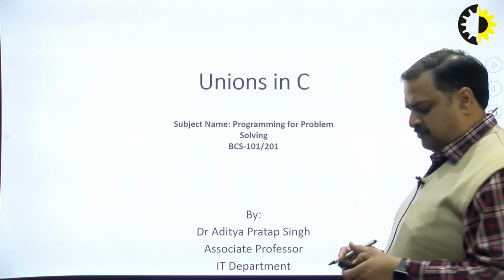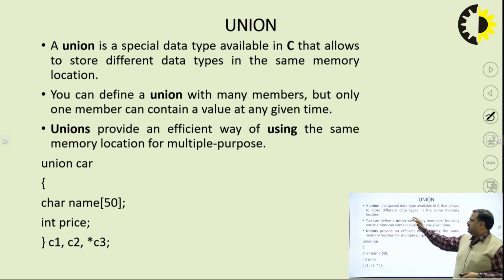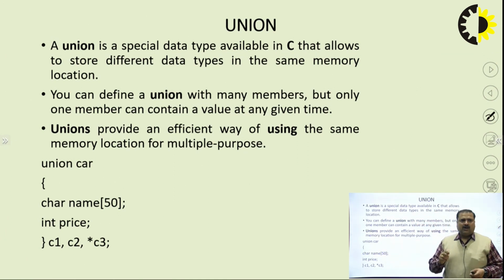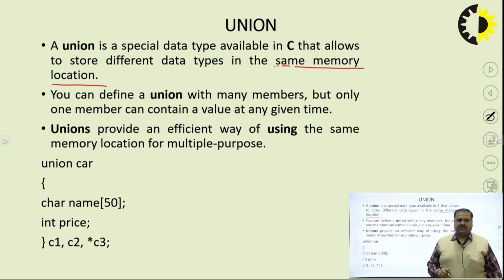So, now let us start with the union. Union is a special data type available in C that allows to store different data types in the same memory location. Here is the key point, that same memory location.